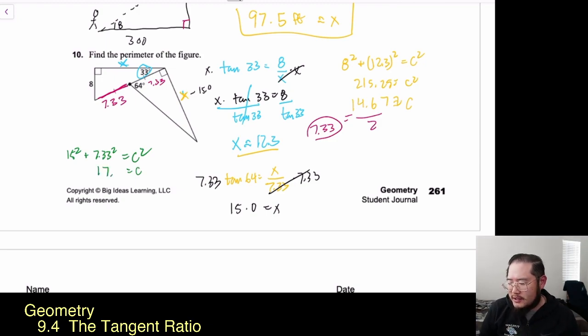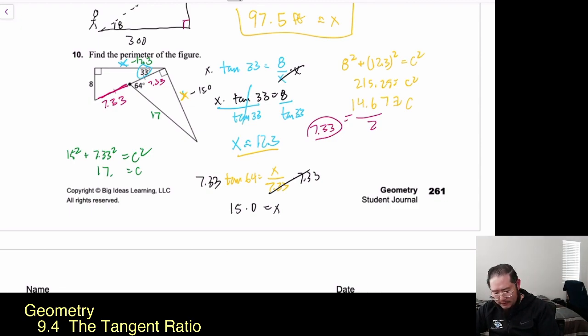So now we have all the sides here. Let's add everything up and let's see what we come up with. So 17 plus 7.33 plus 12.3, right? That's what this x up here is, 12.3. And then plus a 15 plus, that is it.